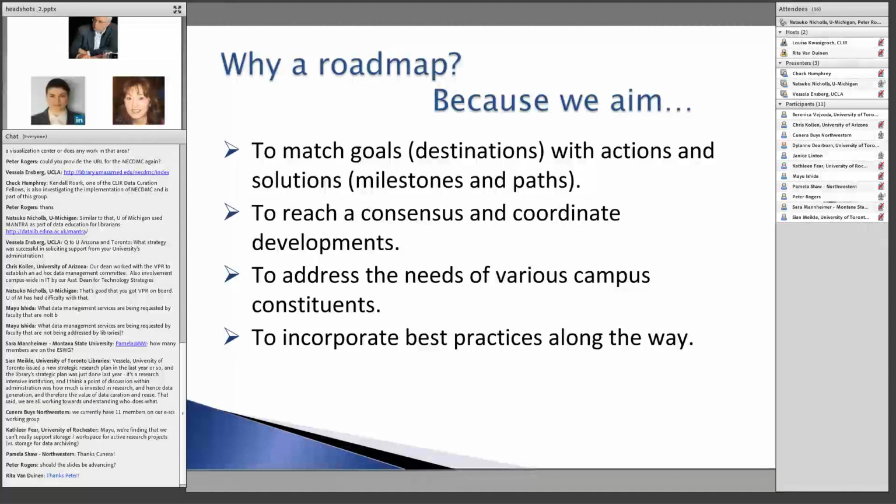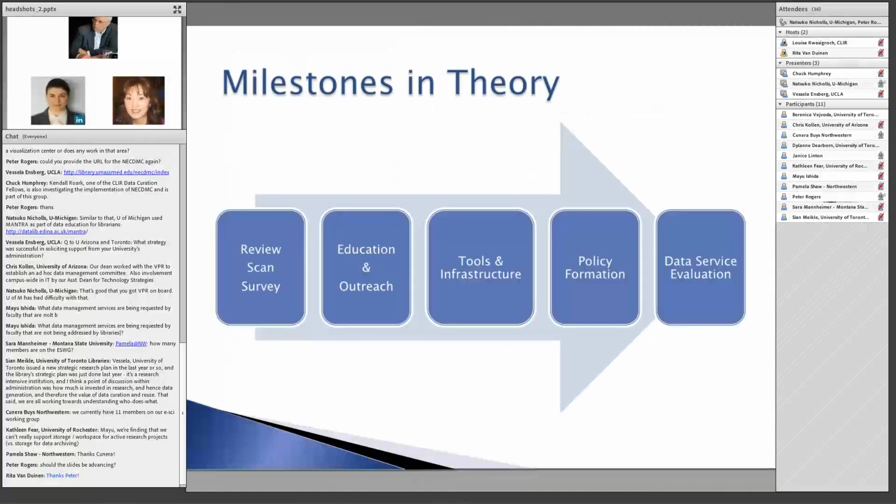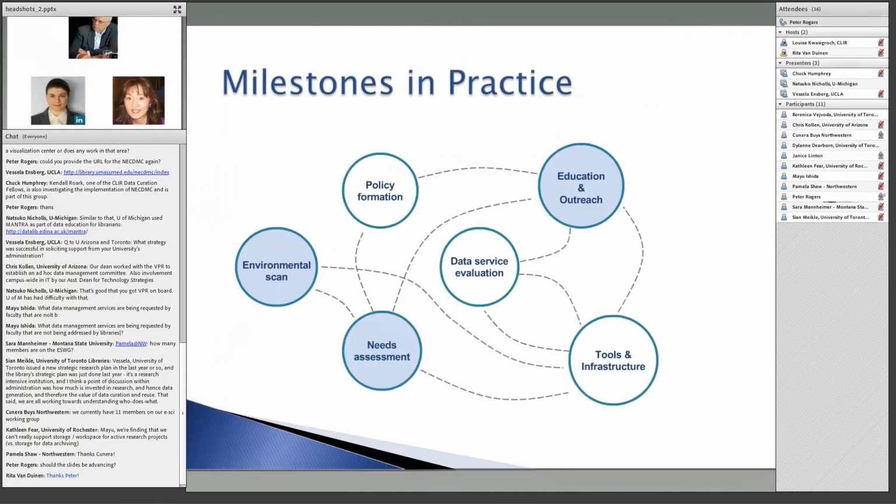Based on existing literature and a broad sampling of trends among peers, we propose five components as shown on this slide. The first is reviewing, environmental scanning, and surveying, which includes data needs assessment with a campus survey and interviewing, identifying such needs and the gap between what libraries currently offer and what researchers need for data sharing. Here I can give you an example from the University of Michigan.